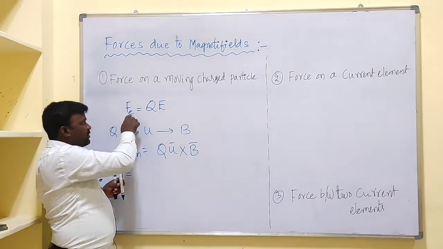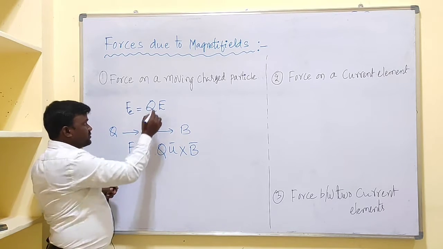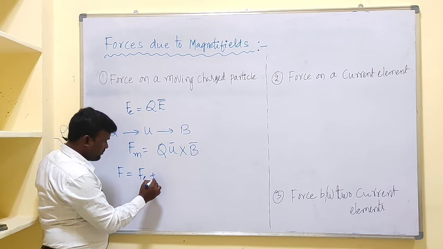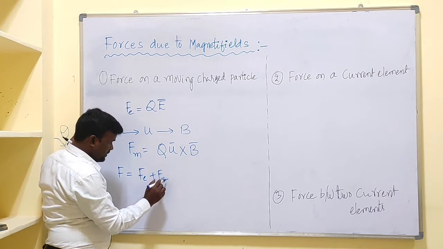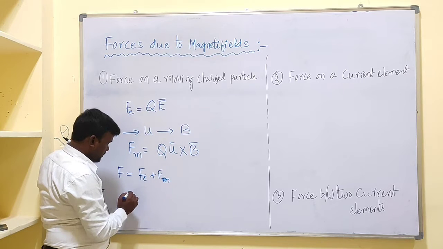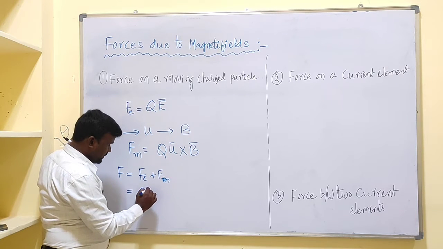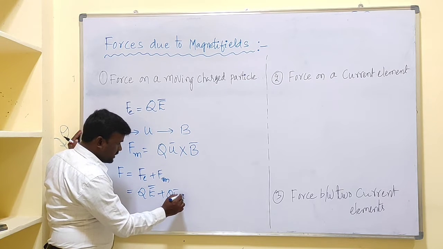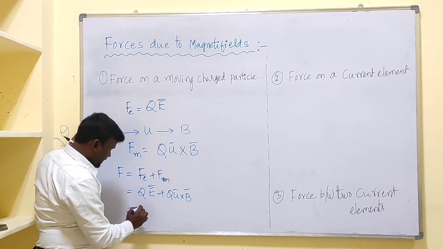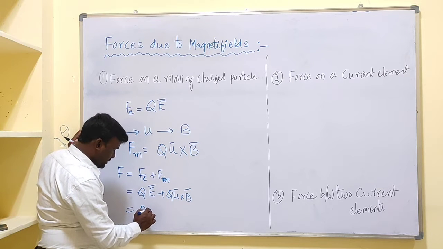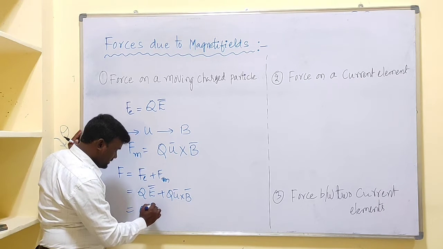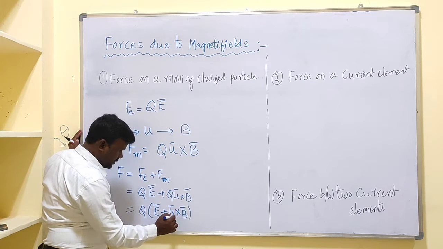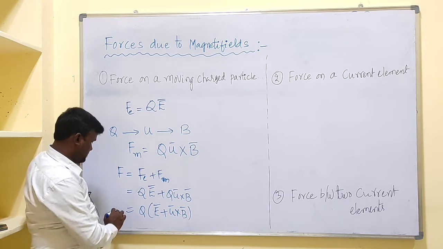From Coulomb's law, F equal to Q into E. The total force is Fe plus Fm, that is Q into E plus Q into U cross B. Taking Q as common, F equal to Q into E plus U cross B, where U is the velocity of the charge.